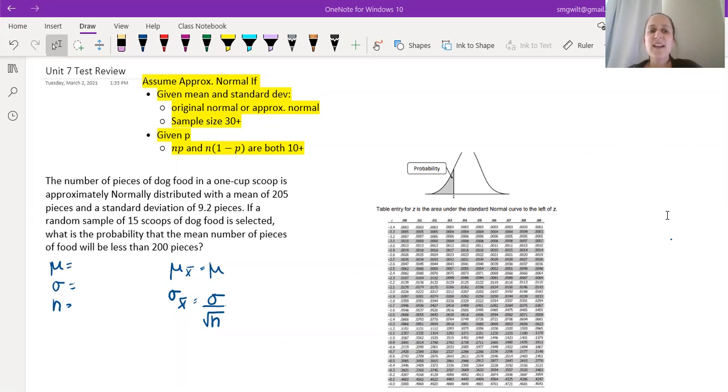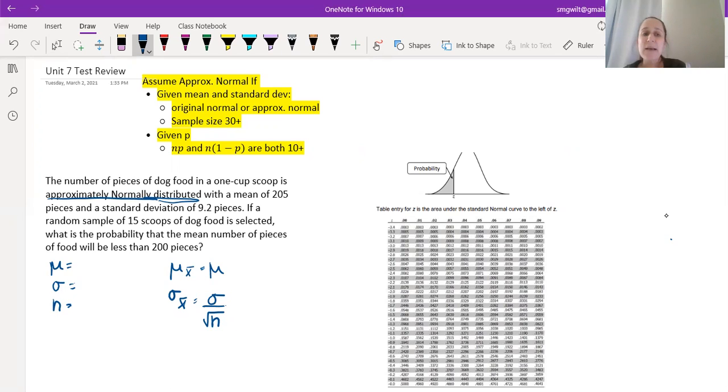The way that I can use an approximately normal distribution for the mean distribution is if I have one of two things. If I have the original being normal or approximately normal, which is true in this situation. They're telling me that this is approximately normally distributed. So that means that I can use it, it's good.